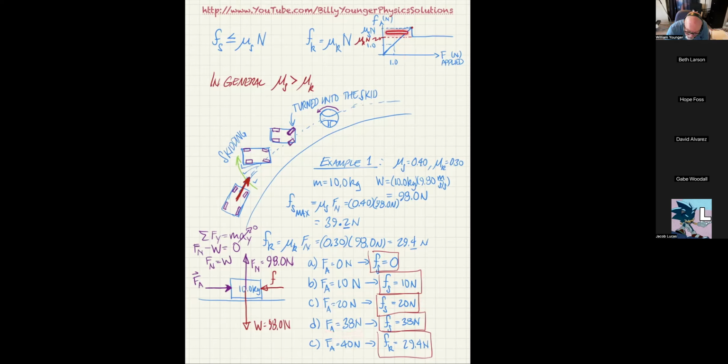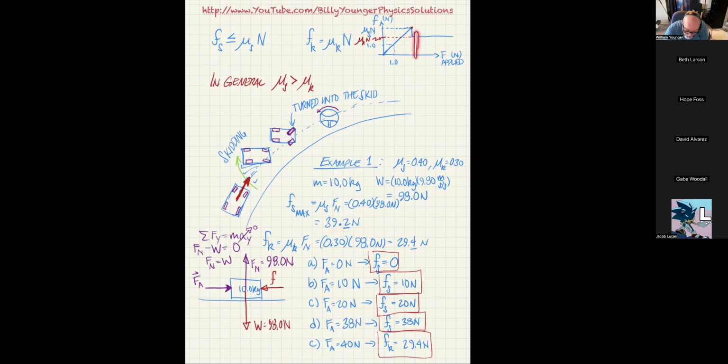But again, they're not there, so it's still less than the static friction force maximum. And in fact, it's exactly equal to the applied force. The applied force is 38 newtons, so the friction force will be a static friction force, and it's going to be 38 newtons. And then finally, FA is 40 newtons, which is greater than 39.2.